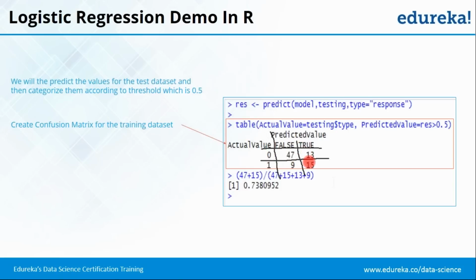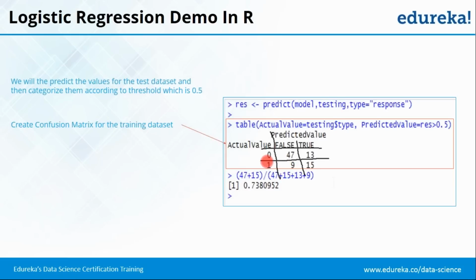And 13 times it has occurred that my actual value was 0, my patient was not diabetic, but my model predicted that my patient is diabetic. So this is the error. Again, for the value 1, for the patients who were diabetic, my model predicted that they are not diabetic.